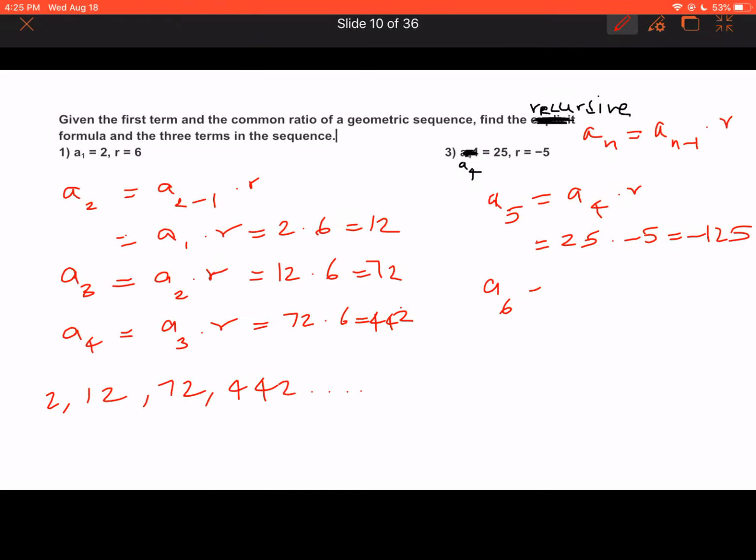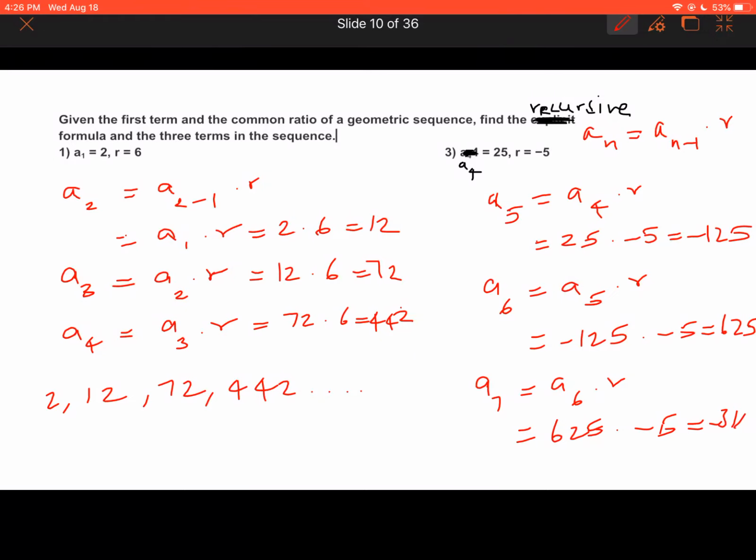So a6 is equal to the previous term times r, which is going to be 625. So a7 is equal to a6, that's the previous term, times r, 625 times minus 5, which is going to be minus 3125.